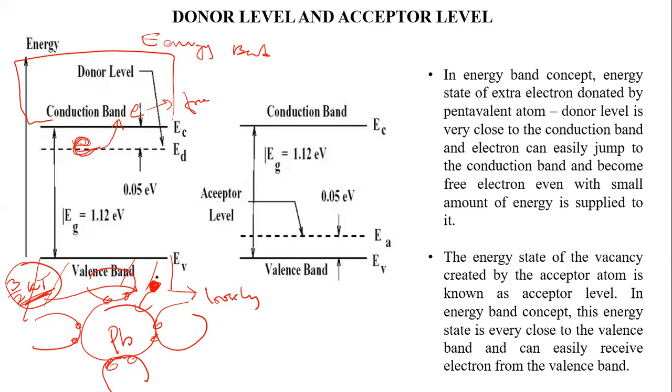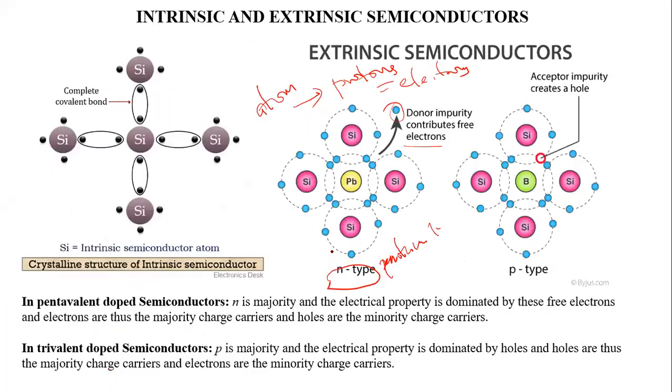The donor electron can easily become a free electron by gaining a very small amount of thermal energy and jumping to the conduction band. Similarly, in p-type doping, the acceptor level, we call it, is very close to the valence band, because what do we call this acceptor level?